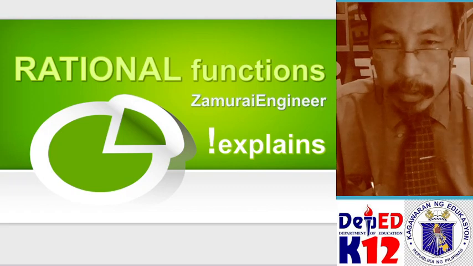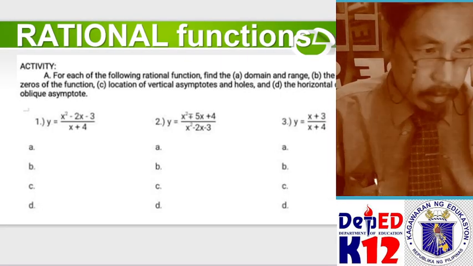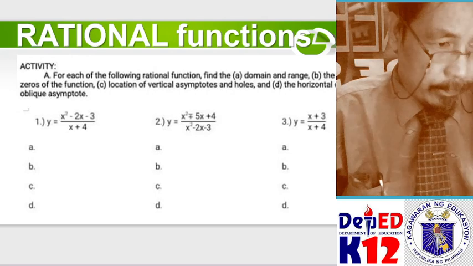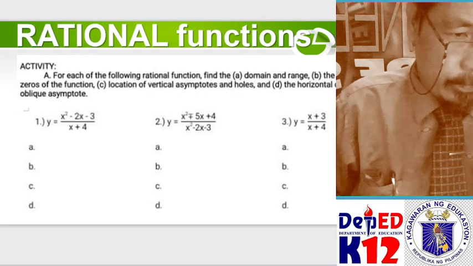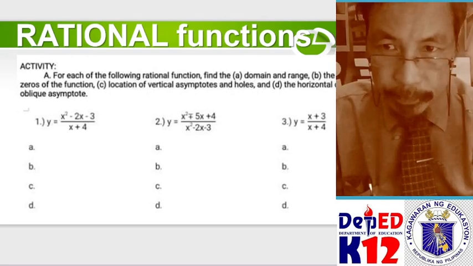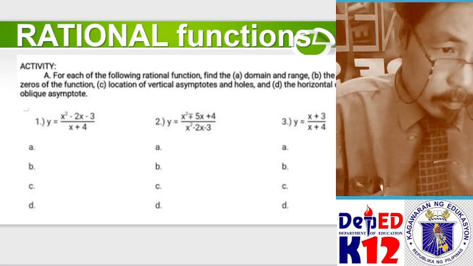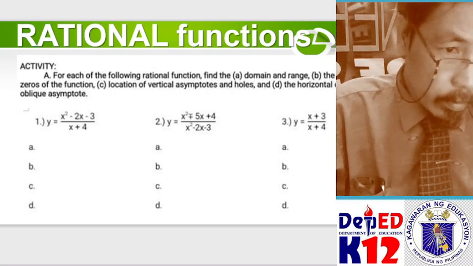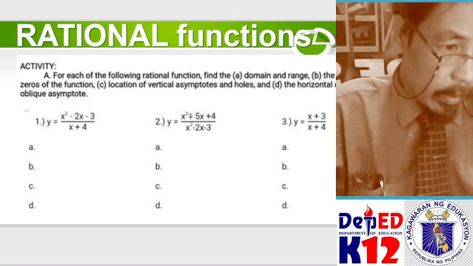In this video, we will solve problem number 3. Okay, let us look at the problem number 3. Y is equal to (x plus 3) divided by (x plus 4).